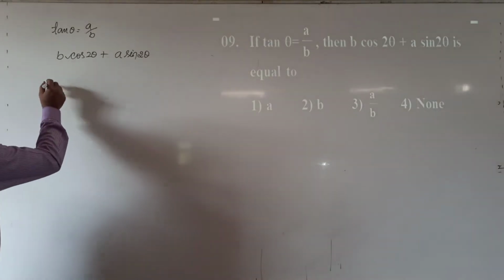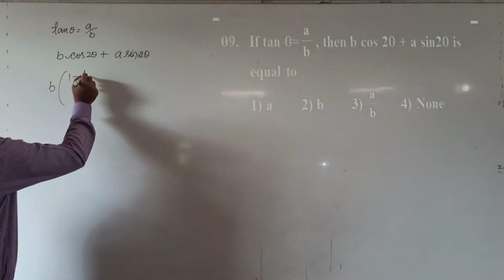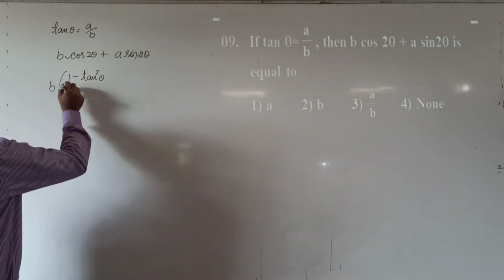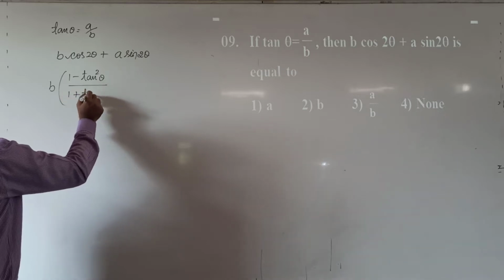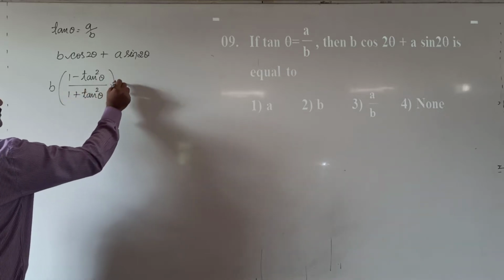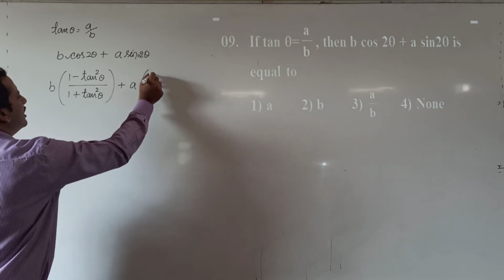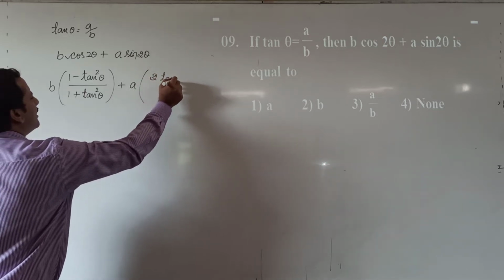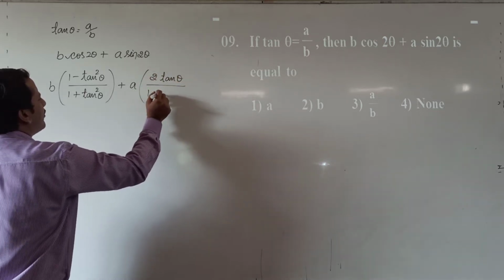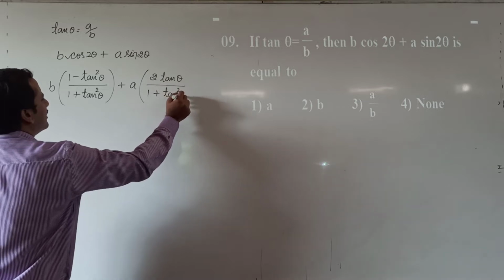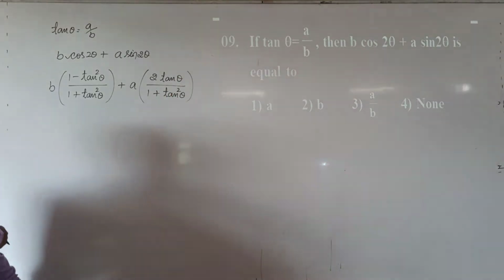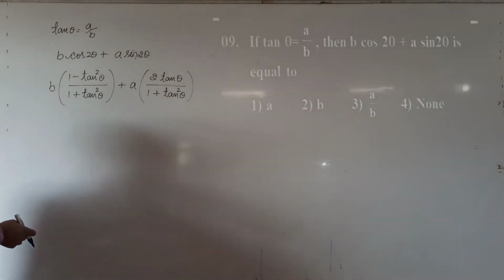You know this formula. Cos 2 theta can be written as 1 minus tan square theta divided by 1 plus tan square theta. And sin 2 theta can be written as 2 tan theta divided by 1 plus tan square theta.